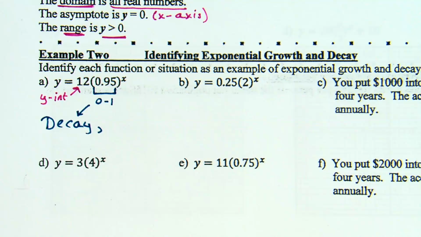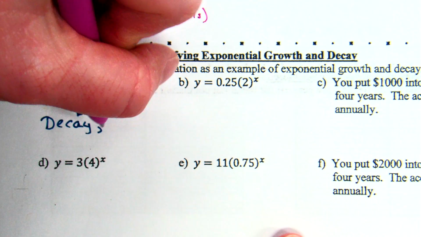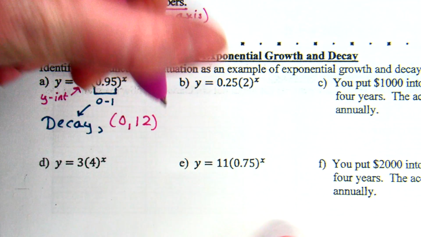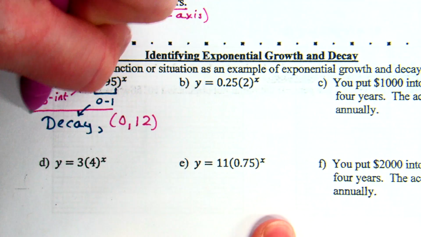I have an ordered pair written in my notes, which is probably my reminder to myself that Math Excel might ask you for an ordered pair, right? So what is a y-intercept of 12 as an ordered pair? 0, 12, right? Because on the y-axis, you would go left to right 0 and up 12. So a y-intercept is always going to be 0, comma, the y value.